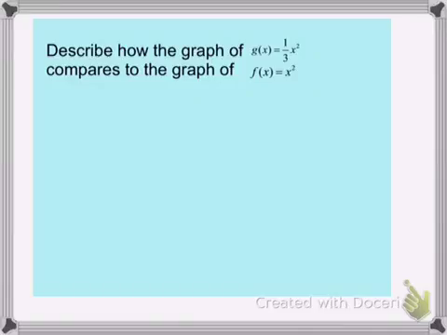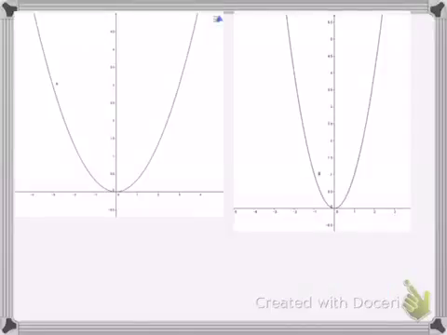Next one. Describe how the graph of 1/3 x squared compares to f of x equals x squared. Right here, they're both at 0, 0. This one goes up 1 over 1. This one doesn't go up 1 over 1. It is a stretch. Notice how it gets wider.